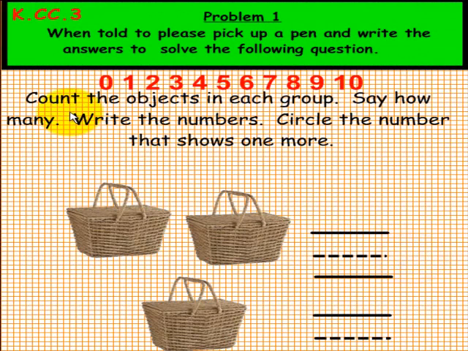What we'd like for you to do is to count the objects in each group. Say how many there are and write the numbers. Circle the number that shows one more. You have two groups. Here's group 1 and here is group 2. If you would please, pick up a pen to solve this problem. Do that now.